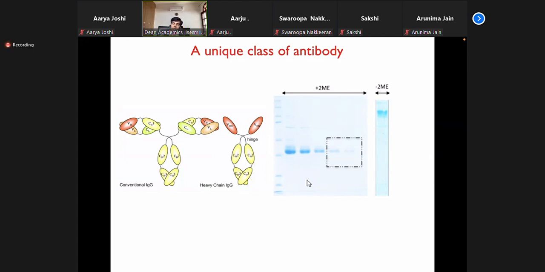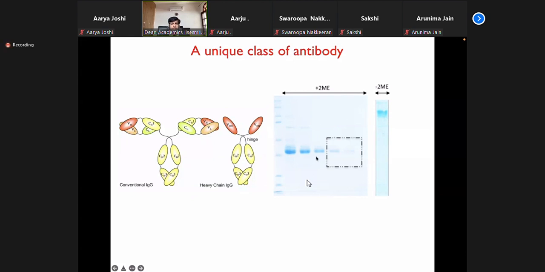If you want to treat that lymphoma, you select an antibody of VHH type against the surface antigen of this cancer cell, and on the other side you put a toxin. Now this is going to bind to those cancer cells, and the toxin is going to eliminate them, right? So this has provided a lot of advantage over conventional antibodies.